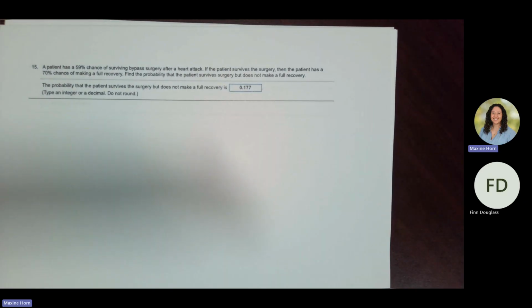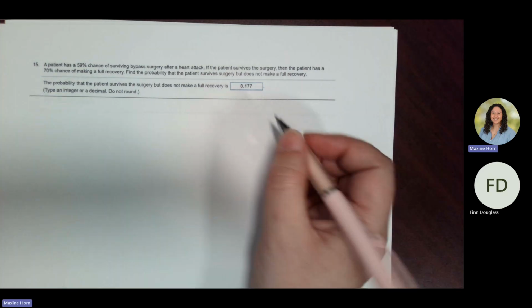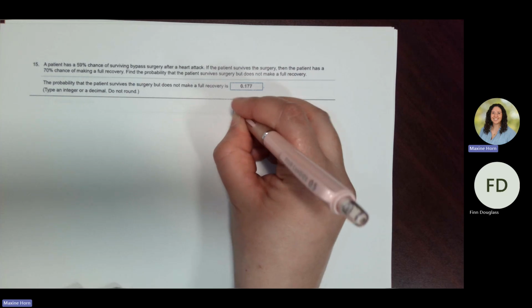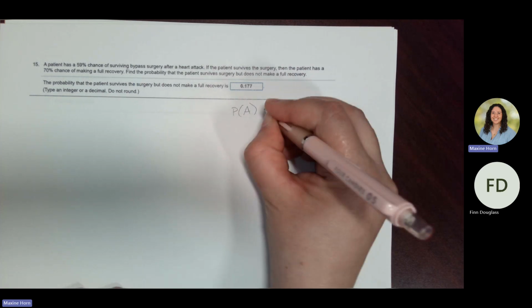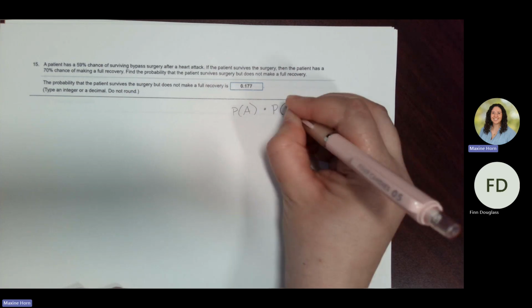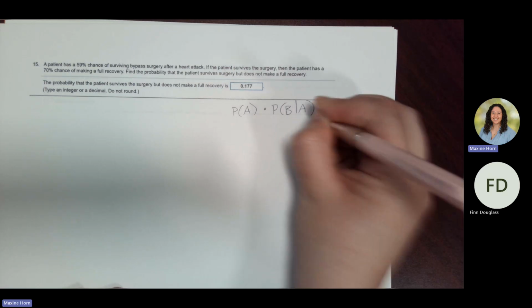A patient has a 59% chance of surviving bypass surgery after a heart attack. If the patient survives the surgery, then the patient has a 70% chance of making a full recovery. Find the probability that the patient survives the surgery but does not make a full recovery. Again, we have the probability of A times the probability of B given that A occurred.